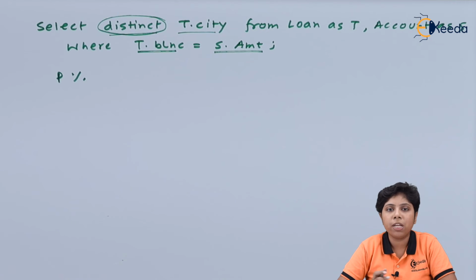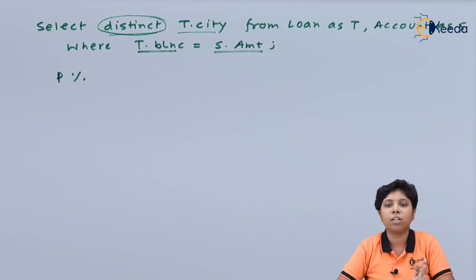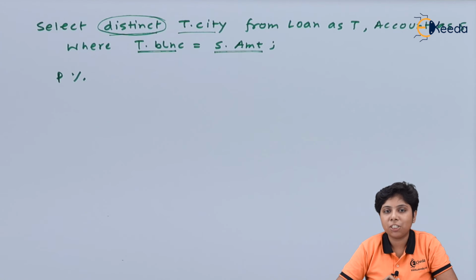Any name like Perry, Penny, Peter will be matched with this P percent because the first letter is P, and after that there can be any number of characters. And if we want to denote a single character, we can represent it with an underscore. Suppose I want to match that the second character is always E. So by using P percent, we can match any name that starts with P, and after that there can be any number of characters.